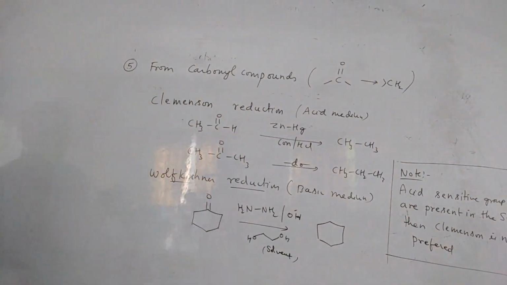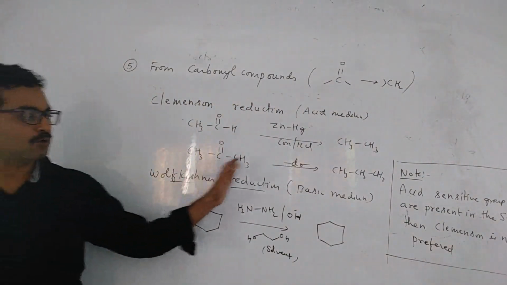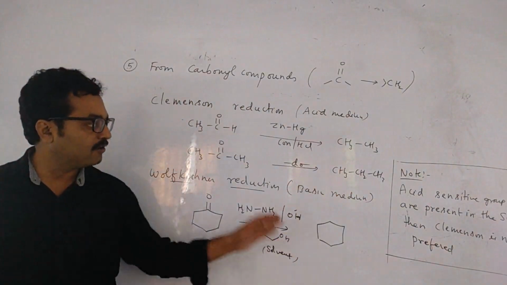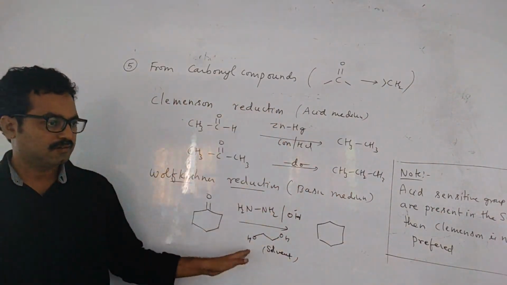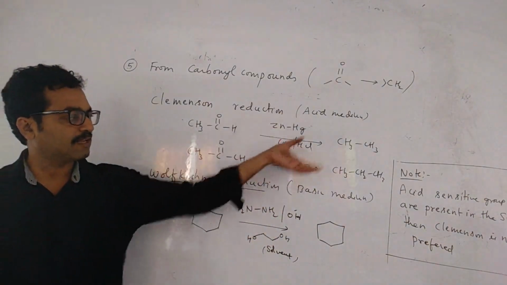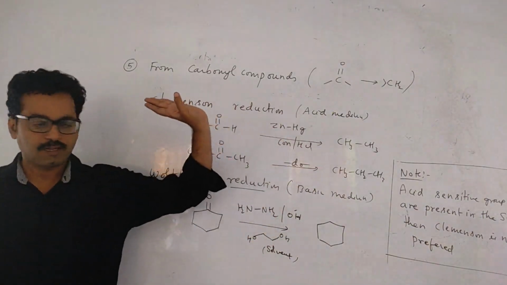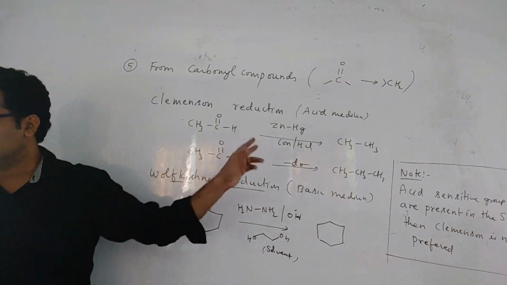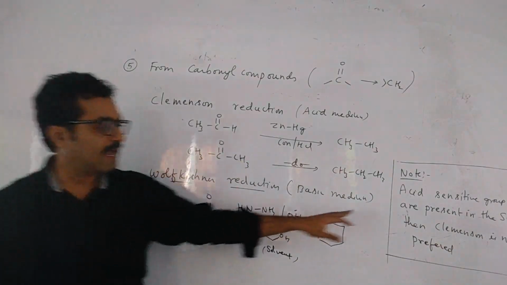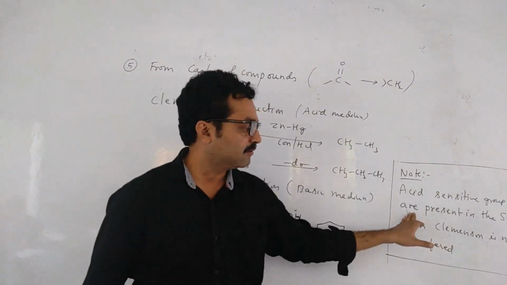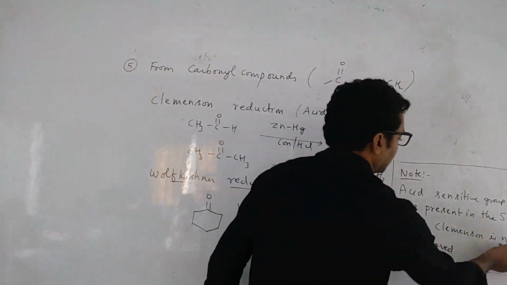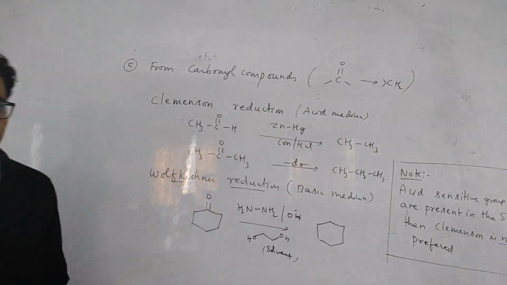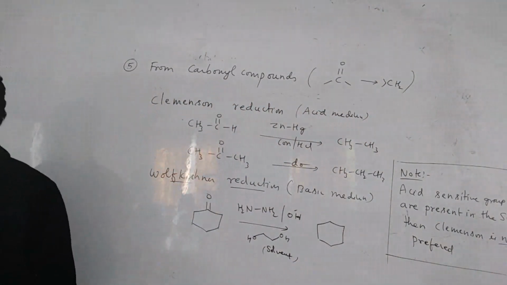So we get a doubt: both convert carbonyl compounds to alkanes only, no? Why do you require one acidic medium and one basic medium? Both will do the same thing. Then why are there two reagents? What is the use? Whenever acid sensitive groups are present, Clemmensen is not used. Then Wolff-Kishner is preferred, I will tell you an example. Very, very important in alkanes.